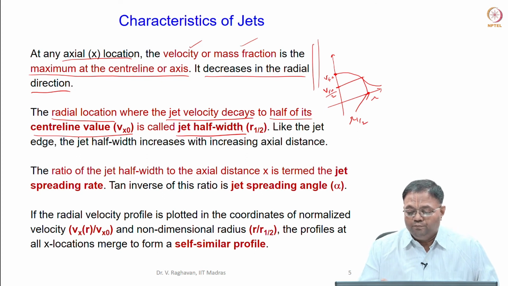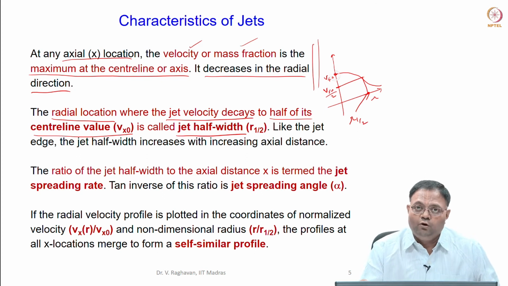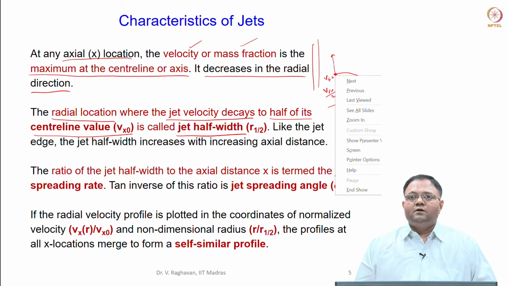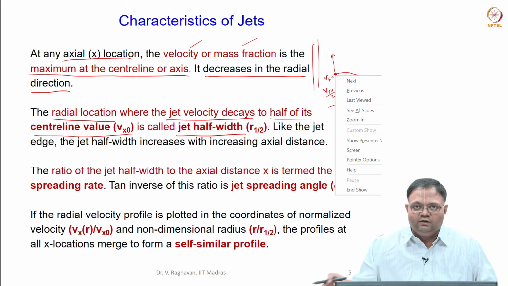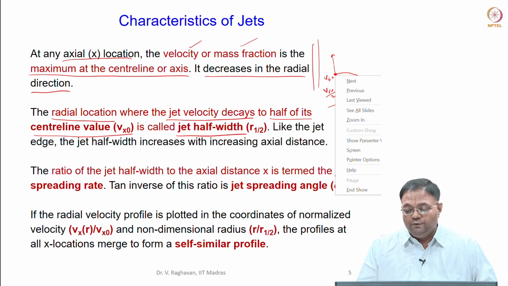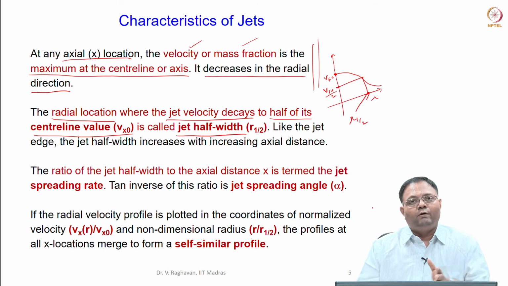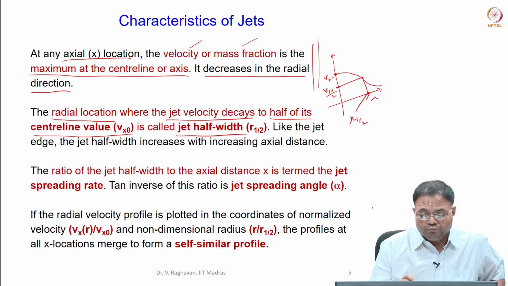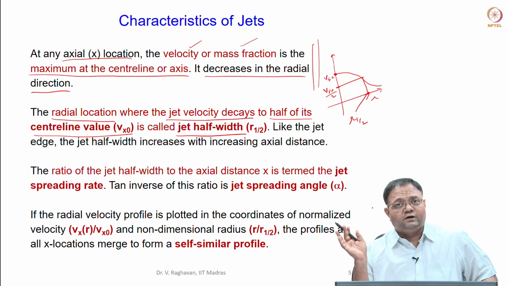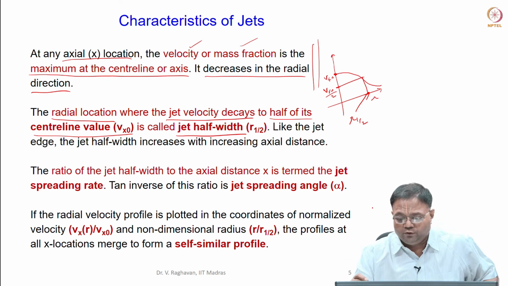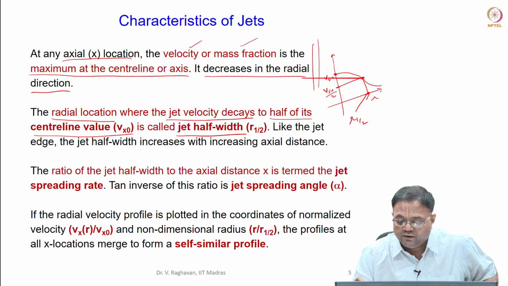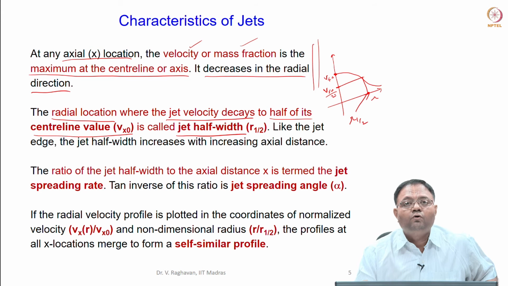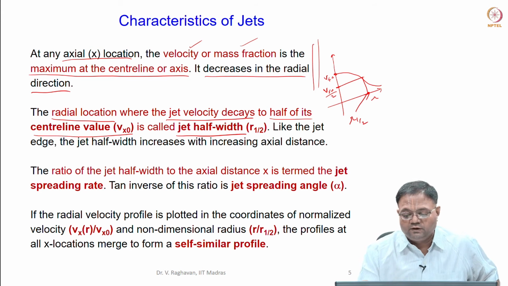So starting from the central line value in the radial direction, the value of the velocity decreases non-uniformly and goes to a 0 value at a very long radial location. Instead of tracing that 0 value, we take the radial location where the velocity has decreased to half of the central line value Vx naught.